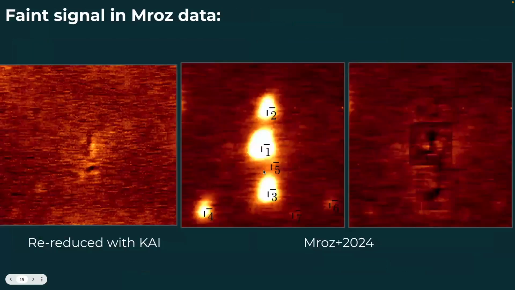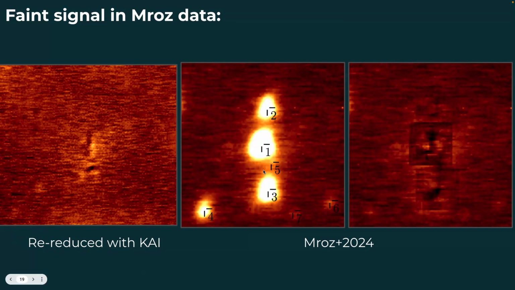So we did also get 2024 data, which is not this yet. This is just showing again the original data. So the subtracted image I just showed, and these panels come from Shemek's paper in 2024. So star 1 is the host. And I'll note that he did detect another star, which he calls star 5, which has a separation that's much too large to be the host.